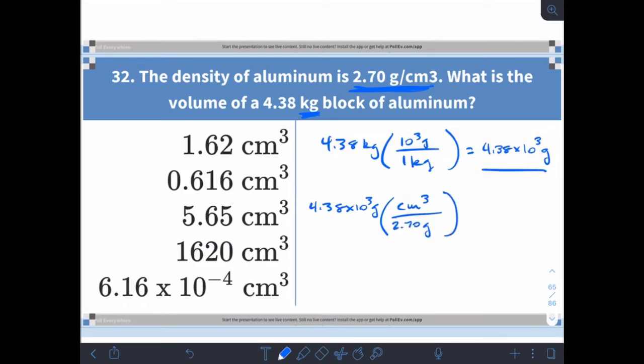That's my density. So my grams will go away. And we're going to divide by 2.7 because it's on the bottom of our conversion factor, so we should get an answer that is 1.62 times 10 to the 3 cubic centimeters, which is the same thing as 1,620 cubic centimeters.